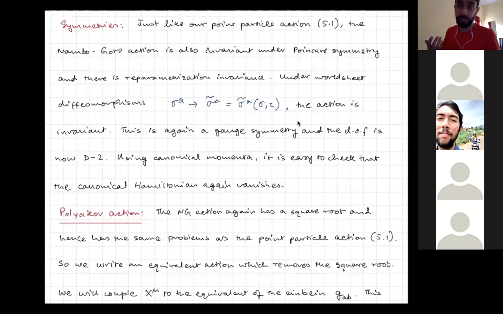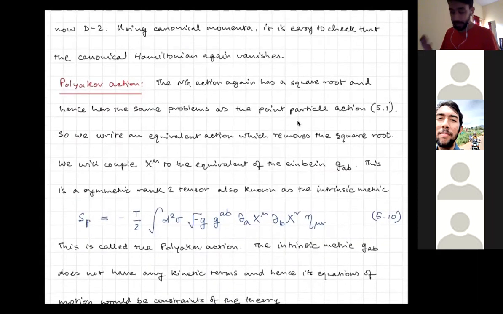We want to get rid of the square root. What are we going to do? In order to get rid of the square root, we are going to introduce another field into the game. We will work on this more. But this field is going to be the intrinsic metric g_alpha beta, and this is the action that we are going to use.